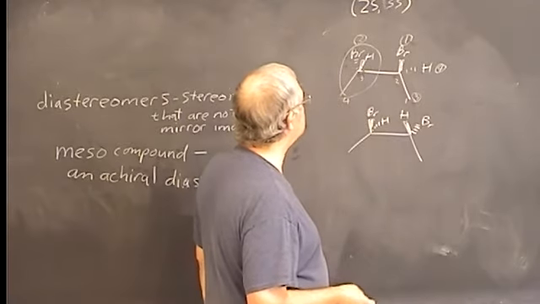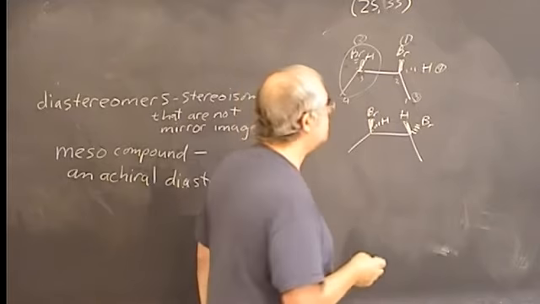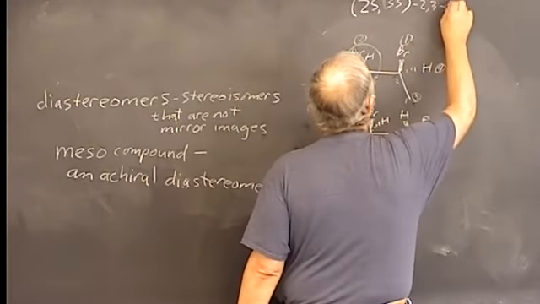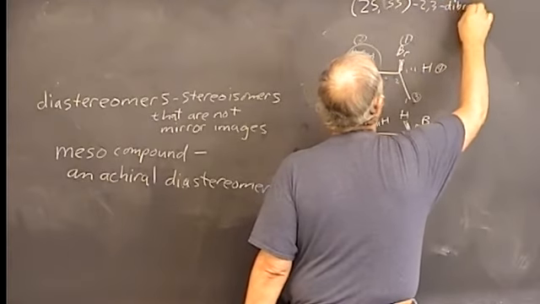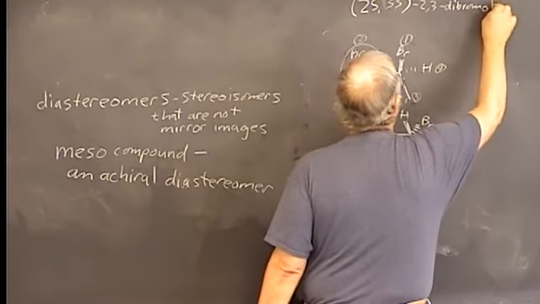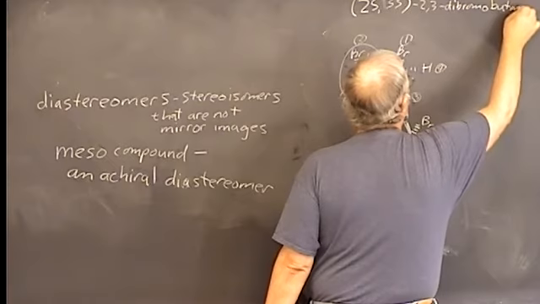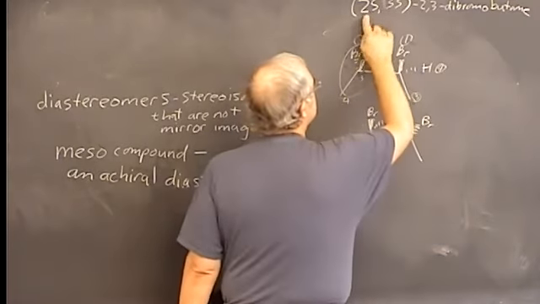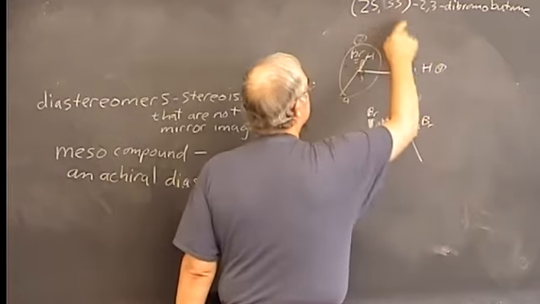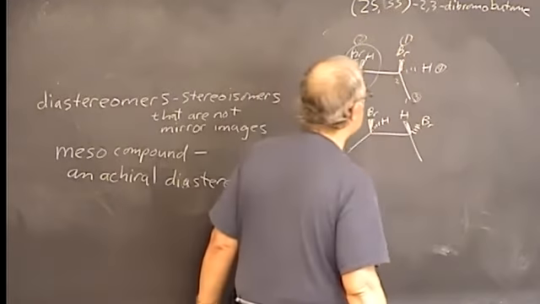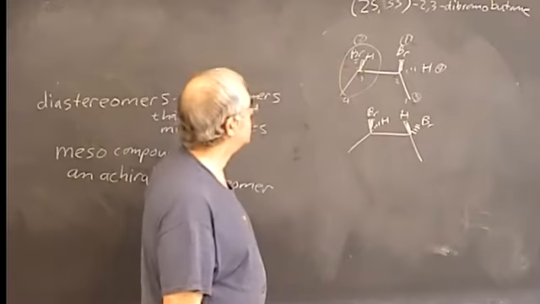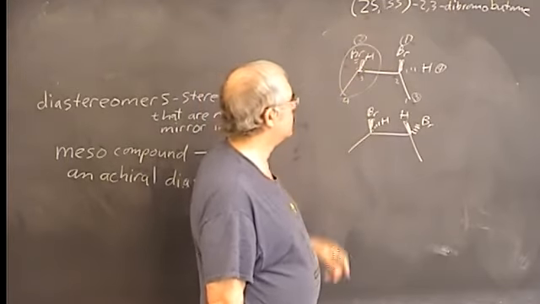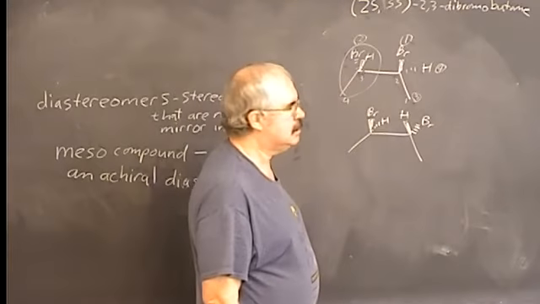So this is 2S, 3S, 2,3-dibromobutane. Okay, we list the position numbers twice, both in the configuration and outside of the parentheses. So this means that the configuration at carbon number 2 is S, and also at 3 it is S.